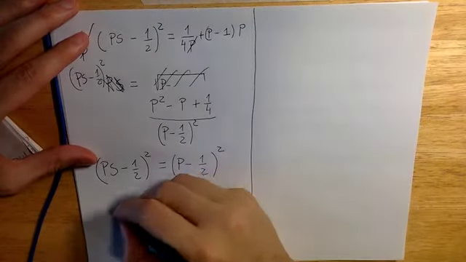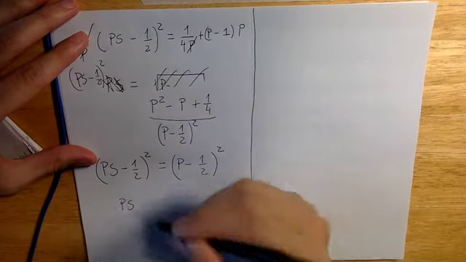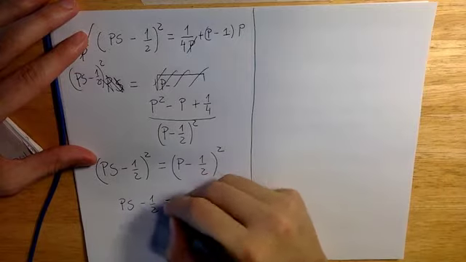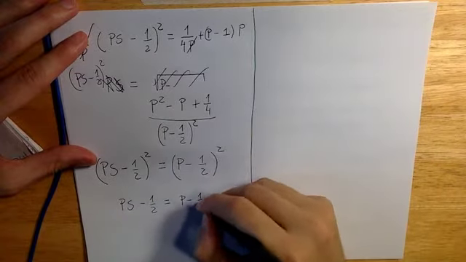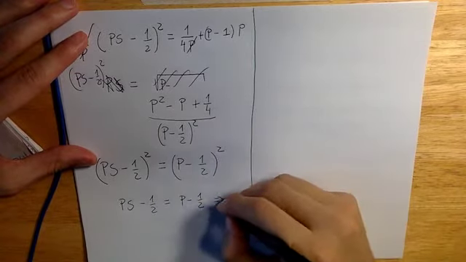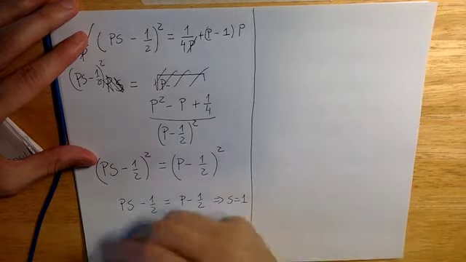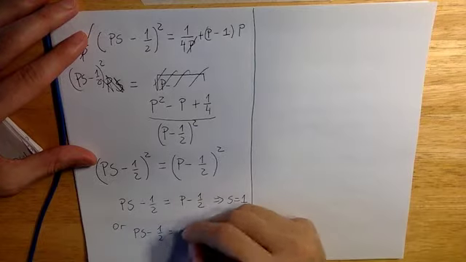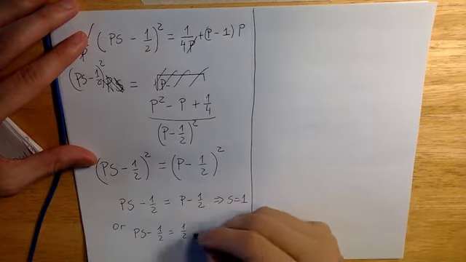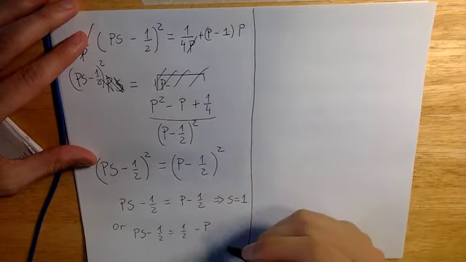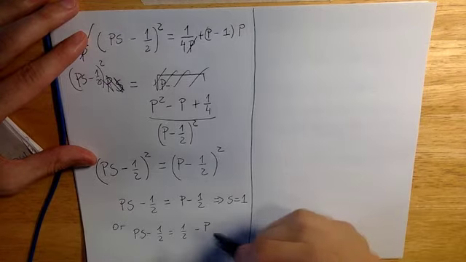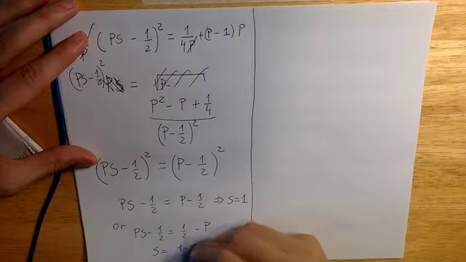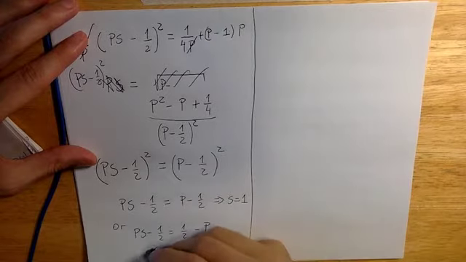So we get ps minus 1/2 is equal to p minus 1/2, which implies s equals 1, or ps minus 1/2 is equal to 1/2 minus p. So here we would get s is equal to (1 minus p) over p.